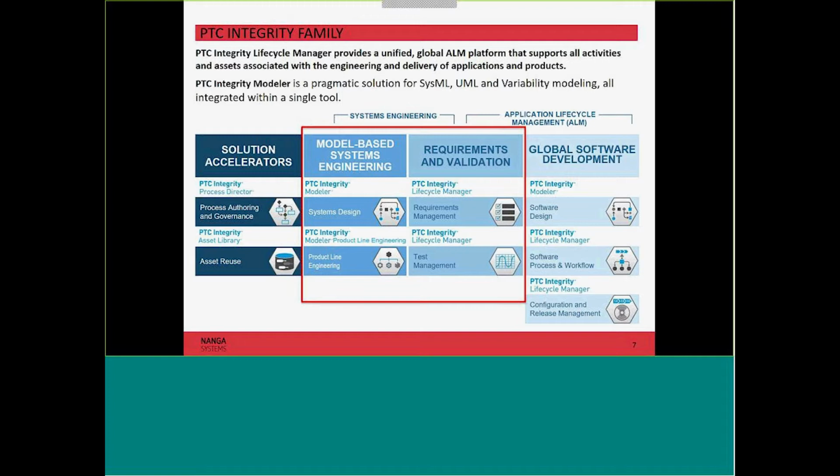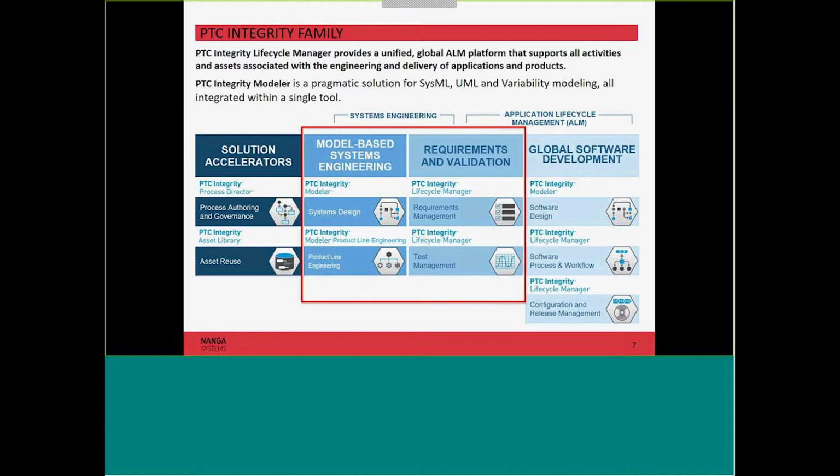And then within the two columns here around systems engineering, we have model-based systems engineering covered by PTC Integrity Modeler, which gives us system design and product line engineering capabilities. Requirements and validation covered by the Integrity Lifecycle Manager tool, which is giving us requirements management, test management, also aspects of project and portfolio management.